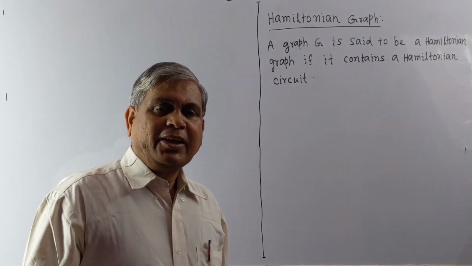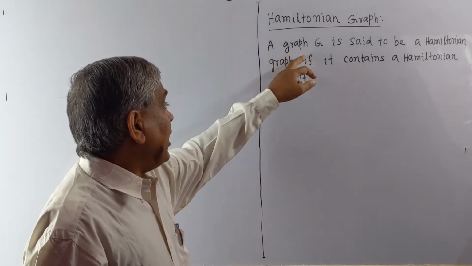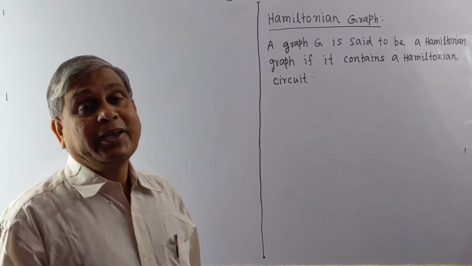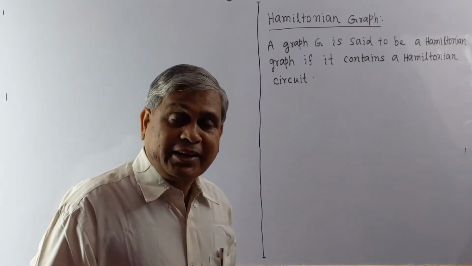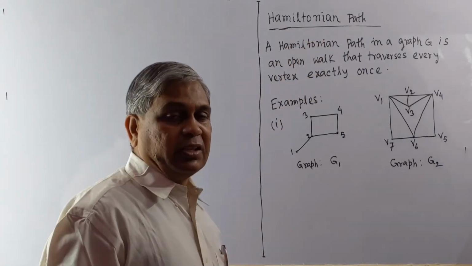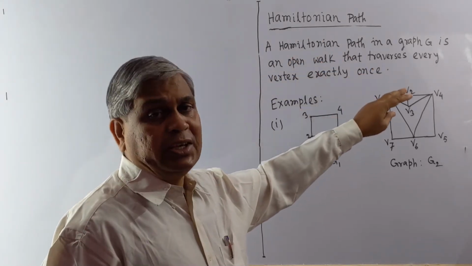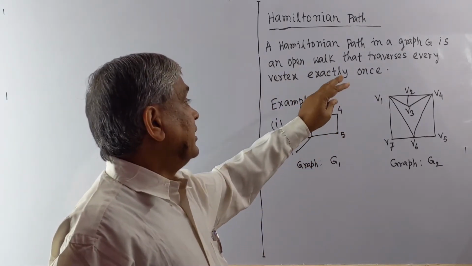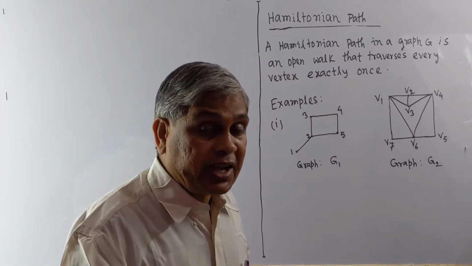Now we define Hamiltonian graph. A graph G is said to be a Hamiltonian graph if it contains a Hamiltonian circuit. Now we define Hamiltonian path. A Hamiltonian path in a graph G is an open walk that traverses every vertex exactly once.